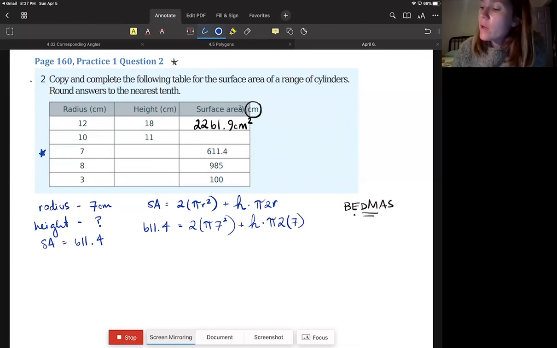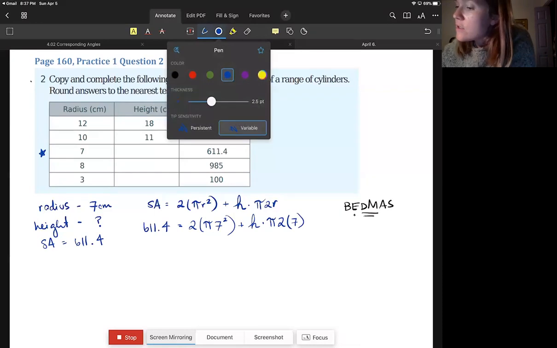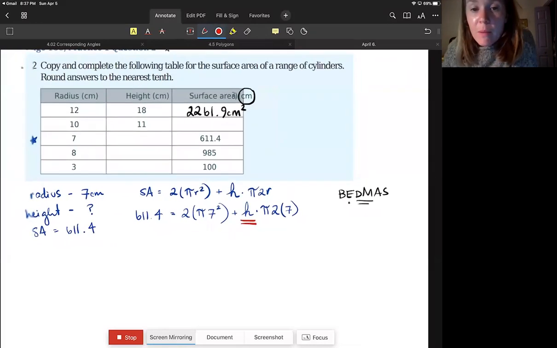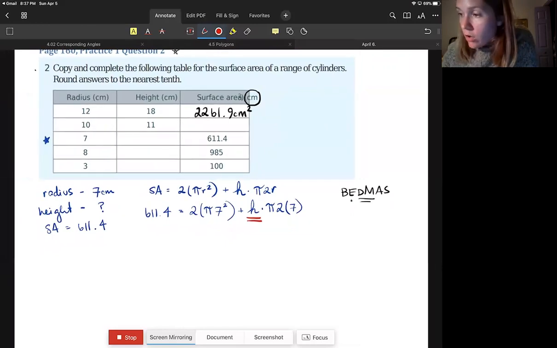Okay, so now my goal here is to isolate the h. And what that means is I don't want to move the h at all. I want to move everything else around the h, okay? So first, it's going to be a lot easier if I try and simplify some of these numbers. So for example, I'm going to simplify this so that it is 14 times pi.